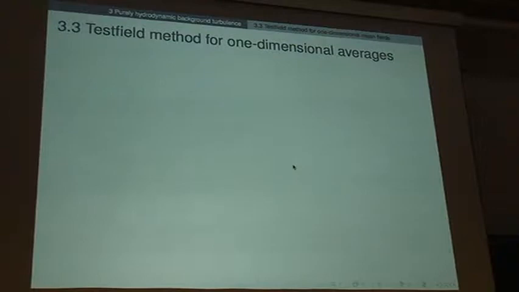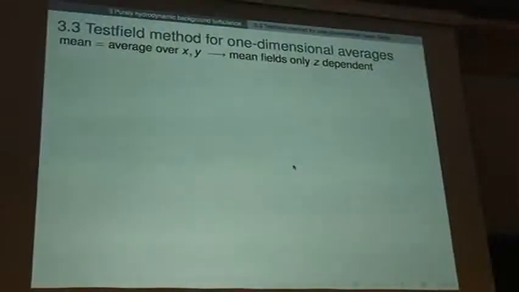You mentioned non-locality, maybe, briefly. Yeah, it is connected with locality. Now all this story is for one-dimensional averages. So we have, say, an average over x and y, and the mean fields are only z-dependent, as I already said.